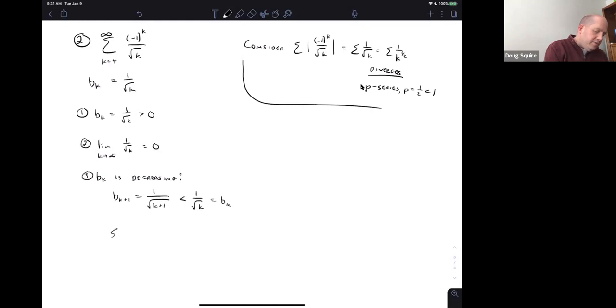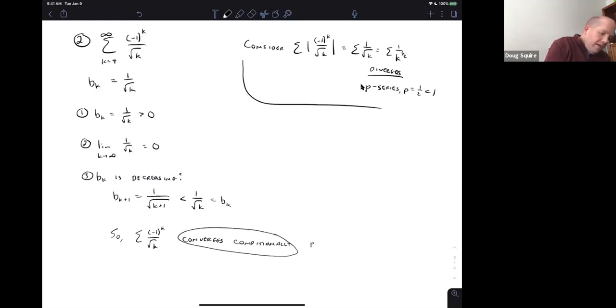Okay, and so since those three things are true, then the sum (-1)^k over the square root of k converges conditionally by the alternating series test. That makes sense? Okay, any questions on that?